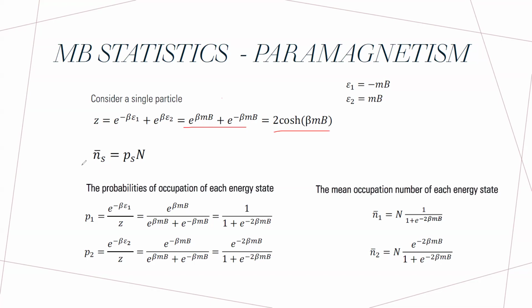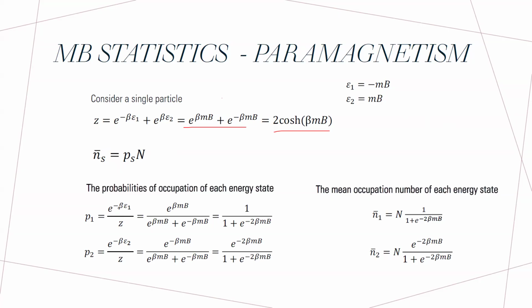Next, we are trying to derive some expression for the mean number of particles for a given energy state. So it is n_s bar is equal to p_s times N. Here p_s is the probability of occupying some energy state by a particle, and then we calculate P1 and P2 for each energy state.